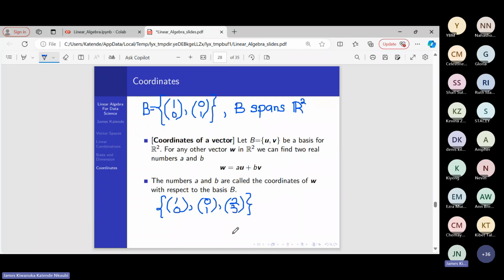But now if I add 2, 3, then something has changed, because now I'm able to write 2, 3 as a linear combination of these other vectors. So now it has lost that property of being linearly independent, because if I add a 3rd vector, I can now write one of the vectors as a linear combination of the others. If this happens, then the set is no longer linearly independent.